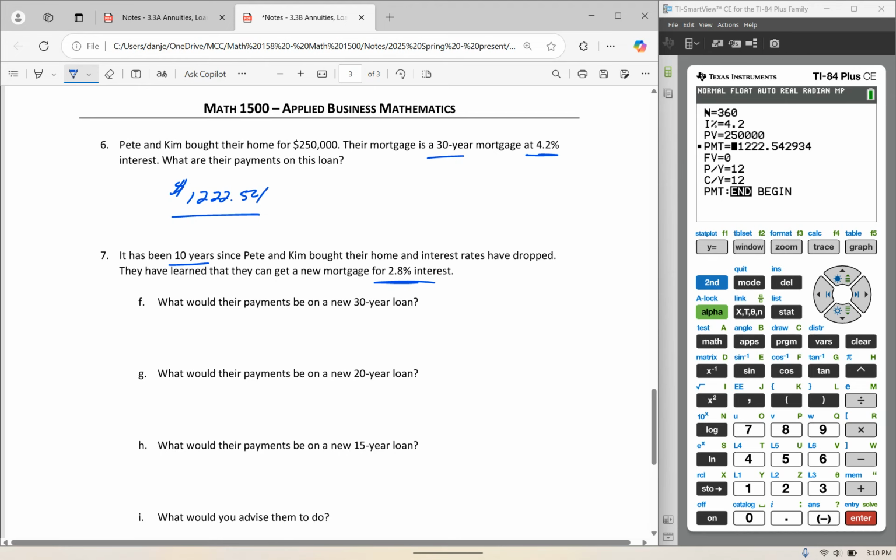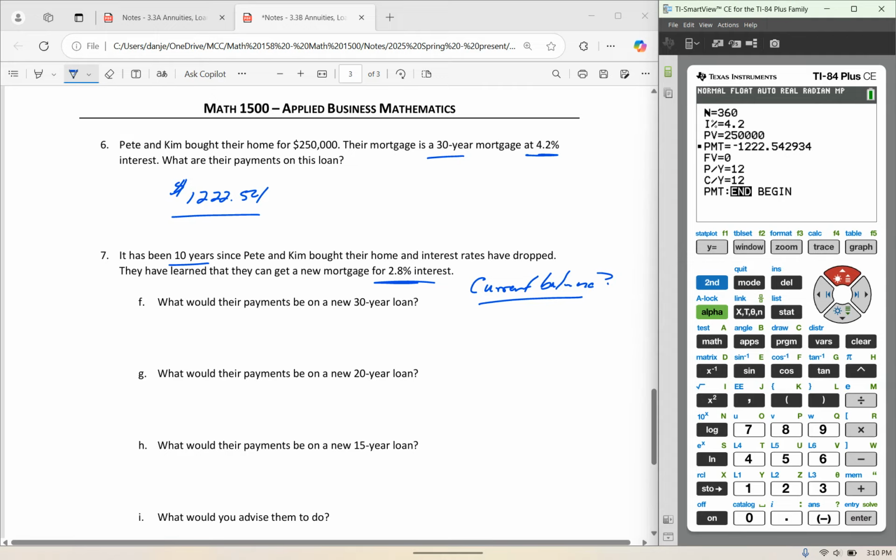The first question is, how much do they owe now? What's the current balance on their account? Well, if I make these mortgage payments of $1,222 on a $250,000 mortgage at 4.2% interest, what's the current value?